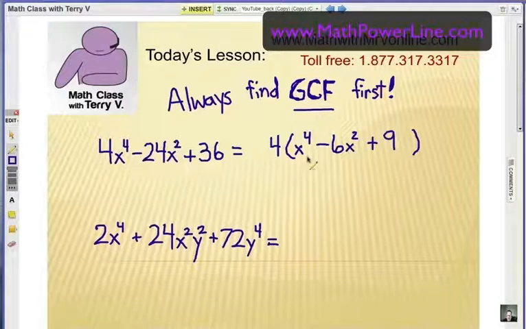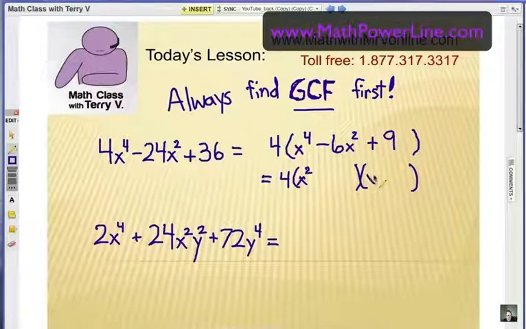Does that trinomial in the parentheses fit the pattern of a perfect square trinomial? Well, let's look at it. Yep, x to the 4th is x squared times x squared, so I can put those there. The 9 is a perfect square, that'd be 3 times 3. And it has to be the same sign as the middle term, so we're going to put a minus in both places.